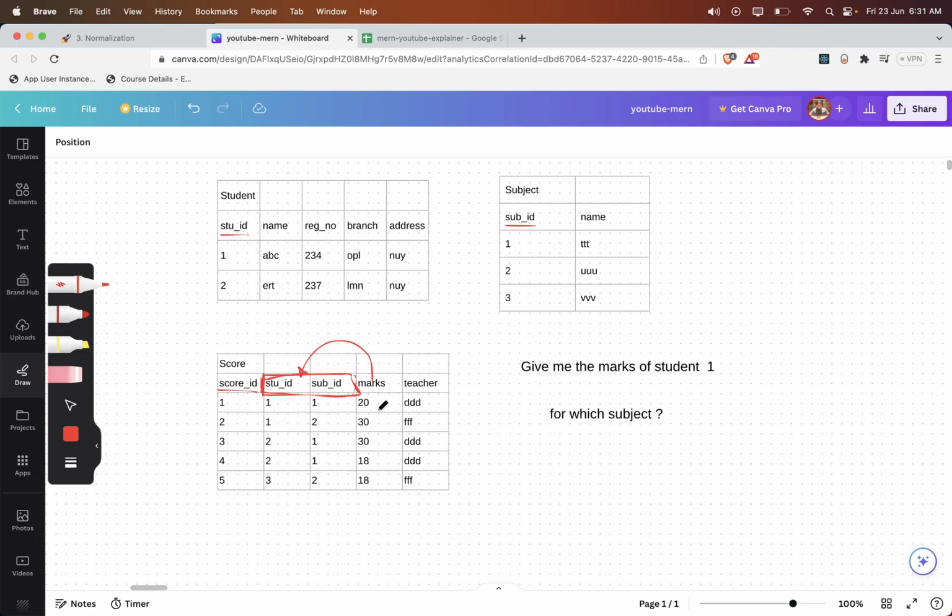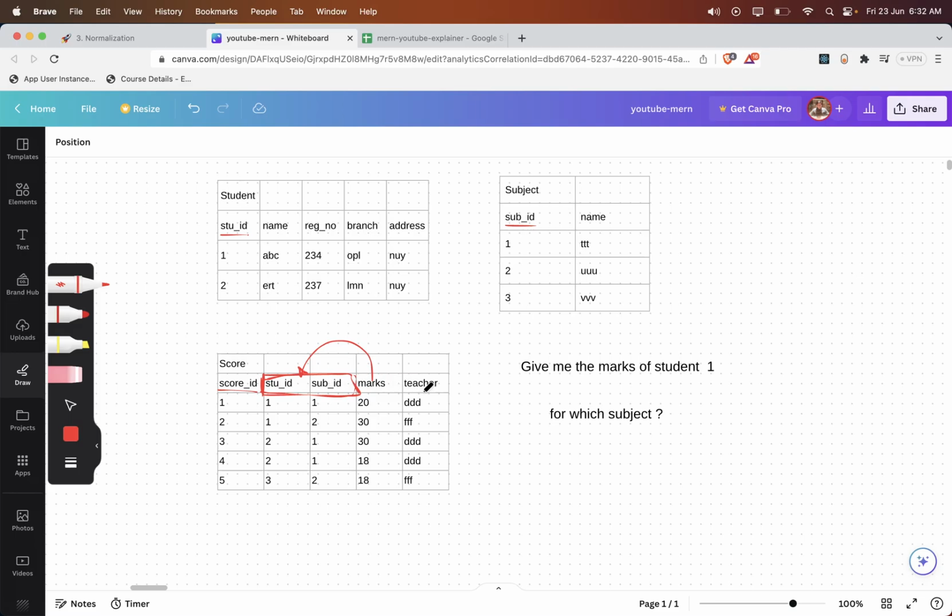Remember that the primary key for the score table is a composite key, which is composed of 2 columns, student ID and subject ID. And marks is fully dependent on student ID and subject ID.